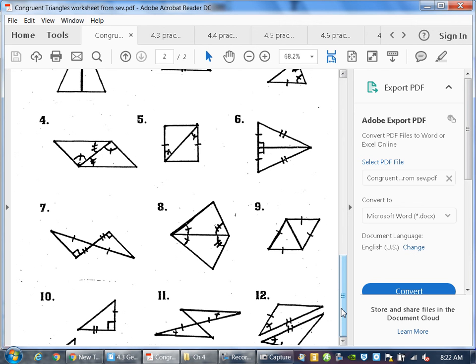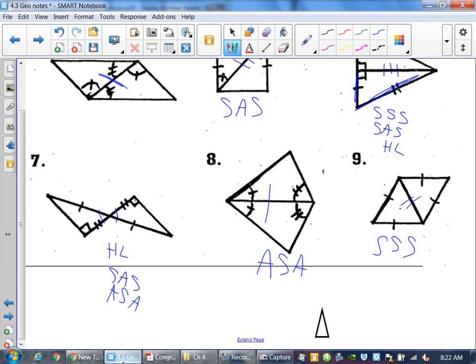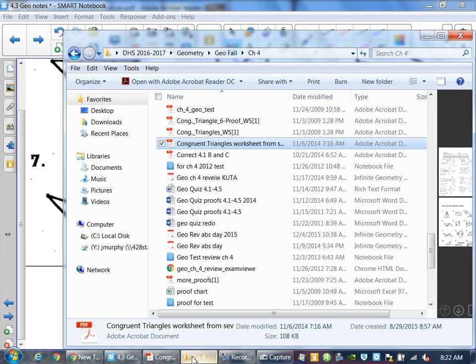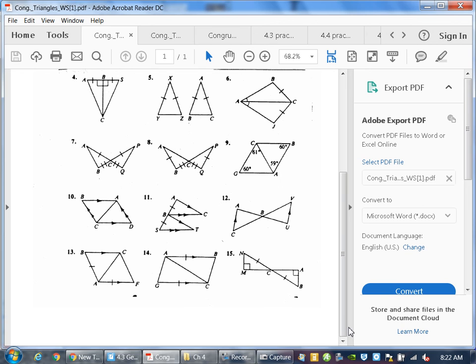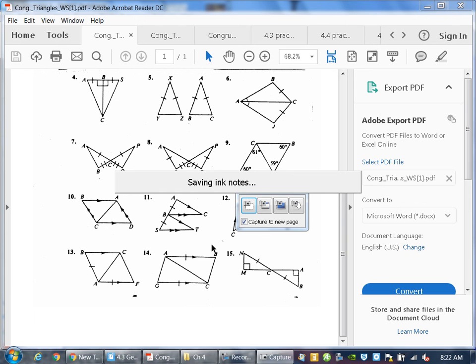One thing I want you to look at is that you have to come up with an idea of how you can mark your diagrams correctly. For example, I'd like you guys to look at number 11 real quick. On number 11, you're given sets of parallel lines.